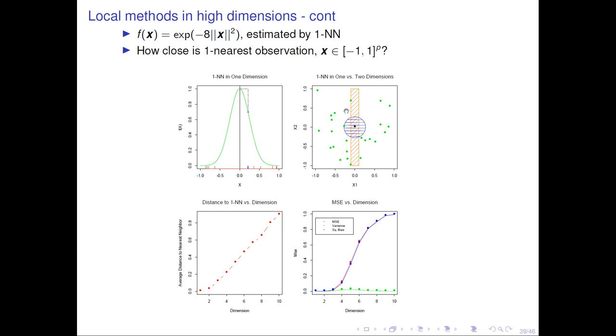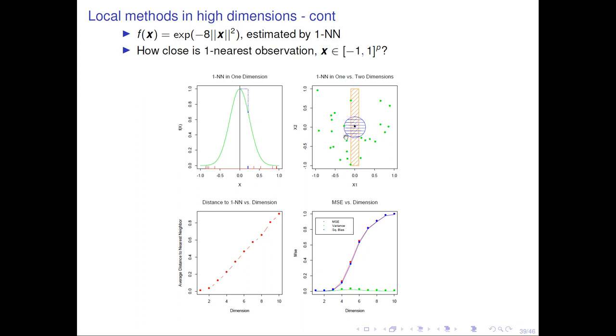But let's now assume that we go to 2 dimensions. So now we include x2. In that case, when we again want to look at the nearest point to this 0, 0 point, we need to look at a circle. Increase the circle until we get the first green point included in the circle.